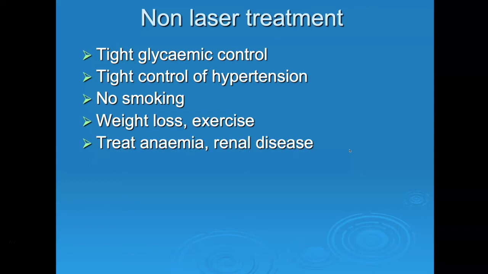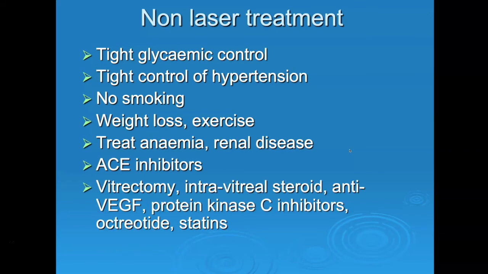These can all help to prevent or slow the progression of proliferative diabetic retinopathy. ACE inhibitors are important both for renal and retinal disease in the setting of diabetes. We can also perform surgical removal of the vitreous called vitrectomy, or inject steroids and these days anti-vascular endothelial growth factors into the eye.